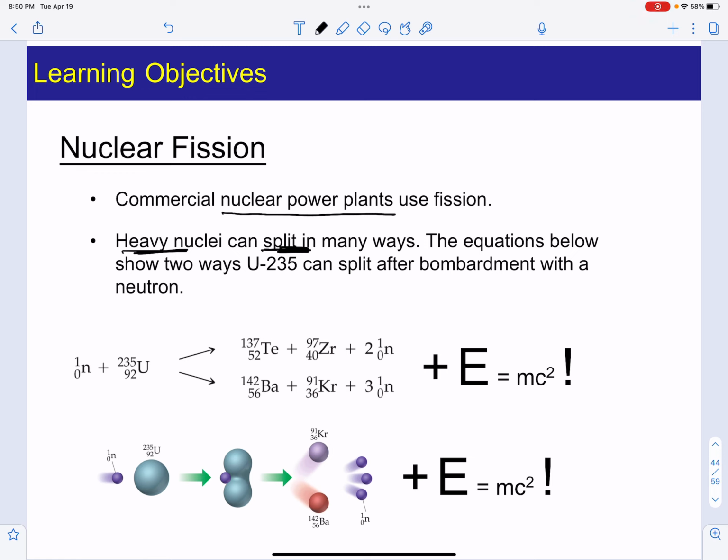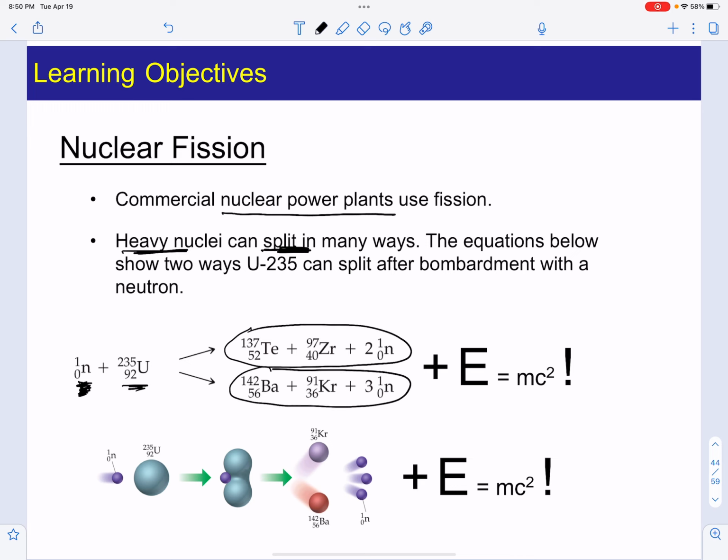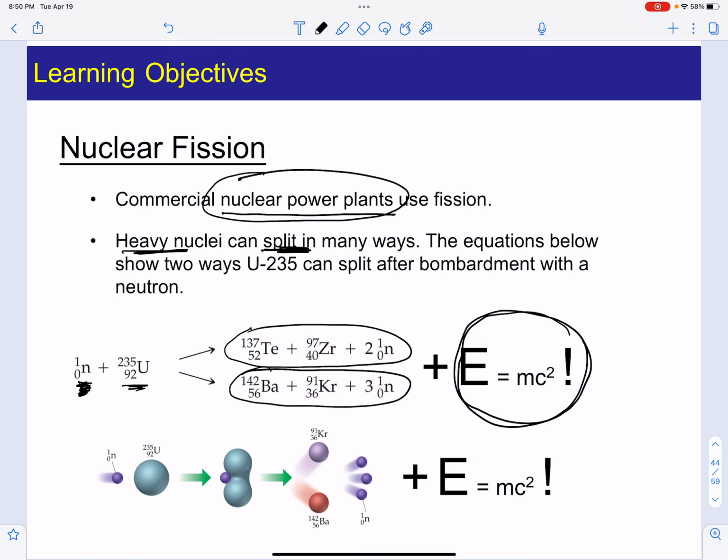For example, if I use neutrons to bombard a uranium-235 atom, it can break two different ways. It can go this way, or it can go that way. And like I told you before, this is what we use in nuclear plants. So it's going to be generating a lot of energy, and it's going to be based on the Einstein formula.